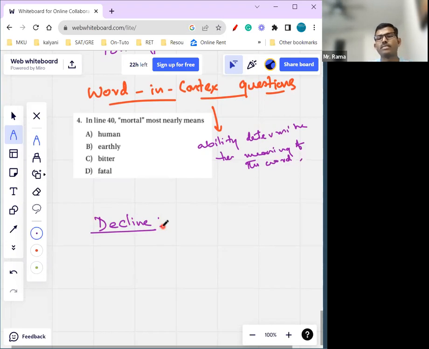Decline is really easy, but it is an ambiguous word. It has a variety of meanings, okay? For example, decline. What is the meaning of decline? Can you put it in the chat box? What do you think? Whatever you think, what's the meaning of decline?